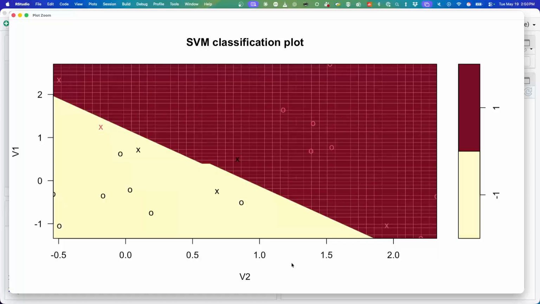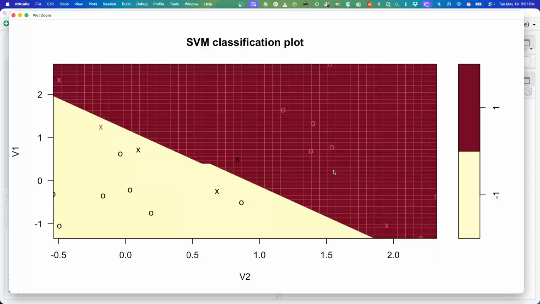So if you are a red point inside of the yellow region, or if you're a black point inside of the red region, that means that you've violated the margin, but that's allowable in support vector classifiers, right?